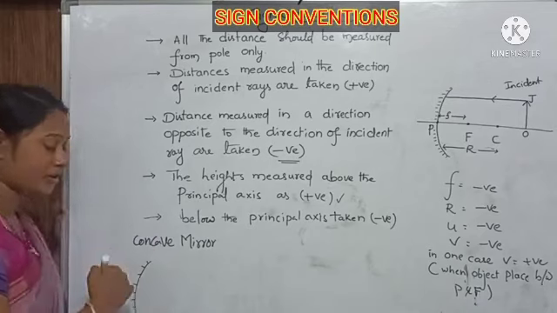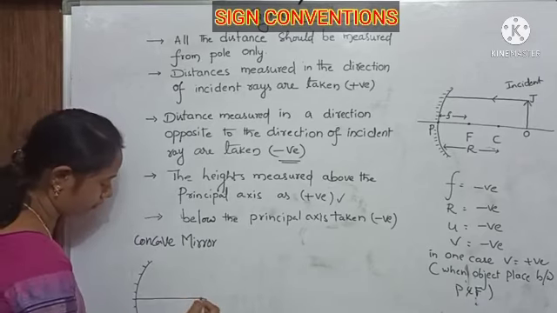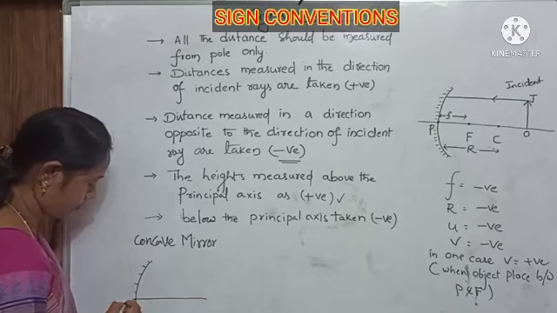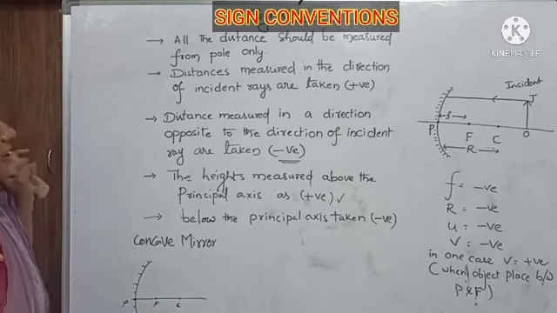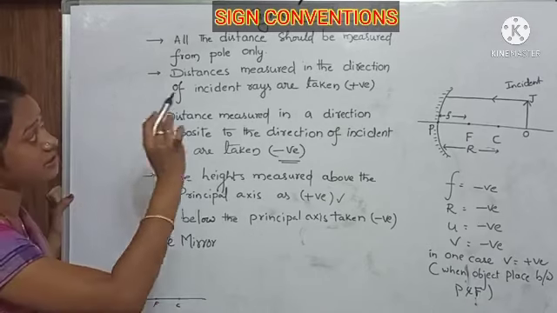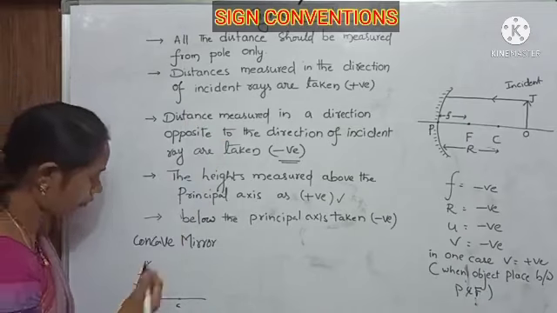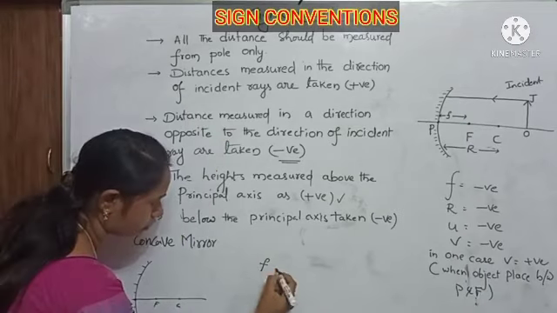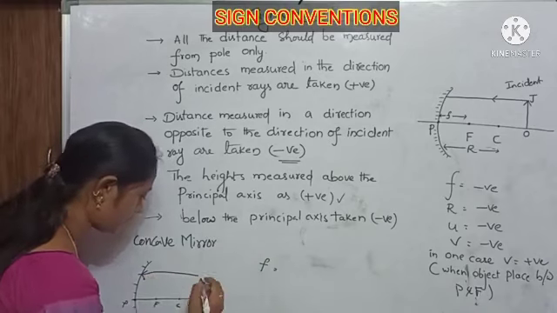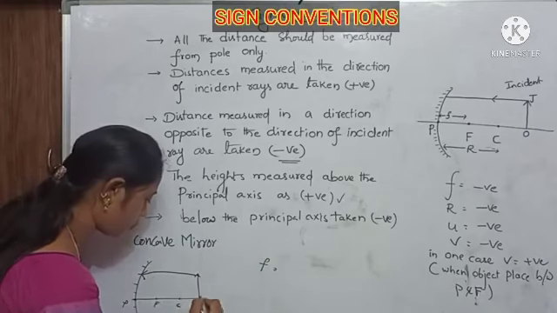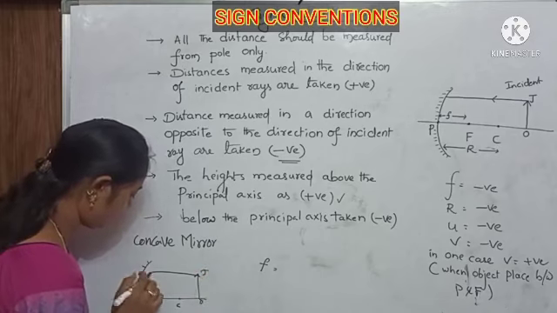This is the rough surface, this is the reflecting surface, pole, center of curvature and focus point. First, all distances should be measured from the pole. I am measuring the focal length. Here is the incident ray, and this is the object OG.